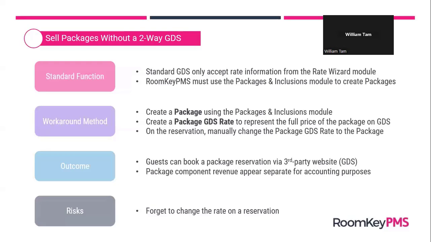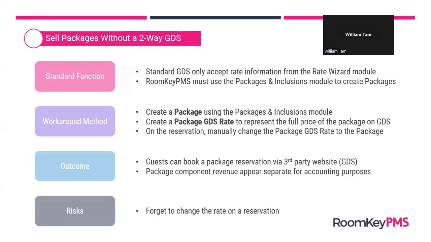That way, when a reservation is made on those third parties, the reservation information flows through into RoomKey with the package GDS rate, and a front desk agent is then going to manually change from the package GDS rate to the package rate.